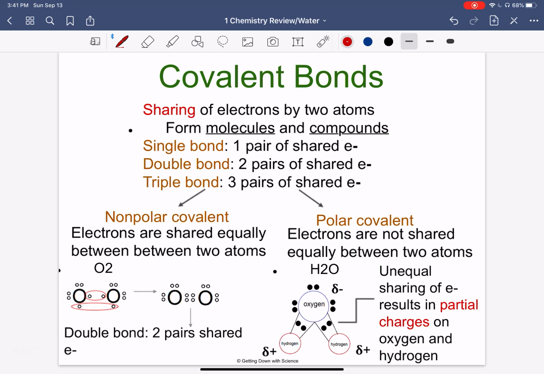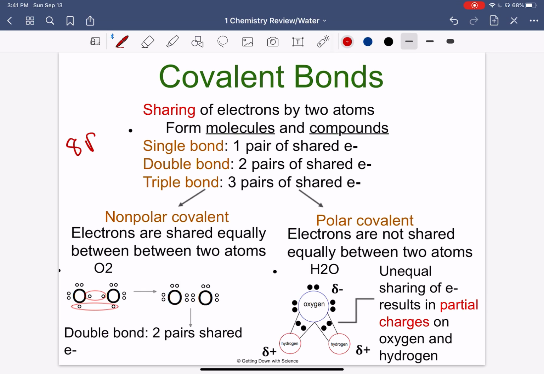So with a covalent bond, you can see down here, oxygen actually has 6 electrons in its outermost ring. It has 8 protons.